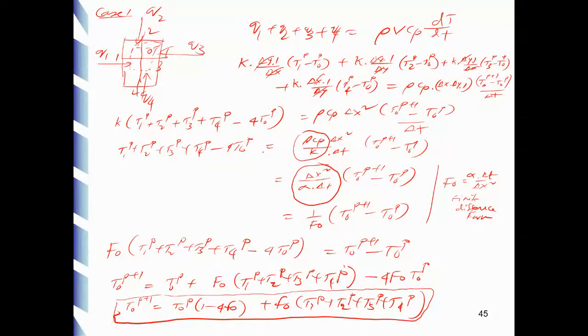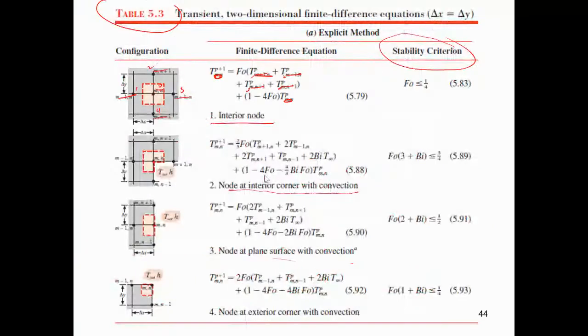Your solution is stable when... For example, if I say find temperature after 60 seconds, what would be the delta T?